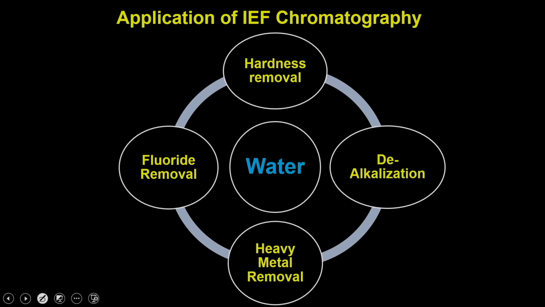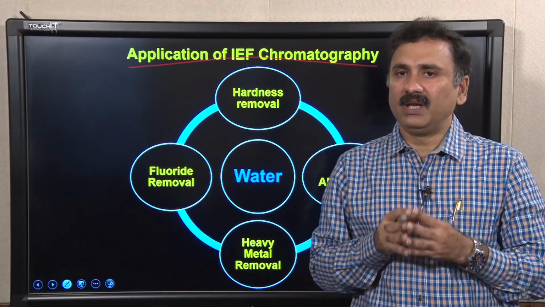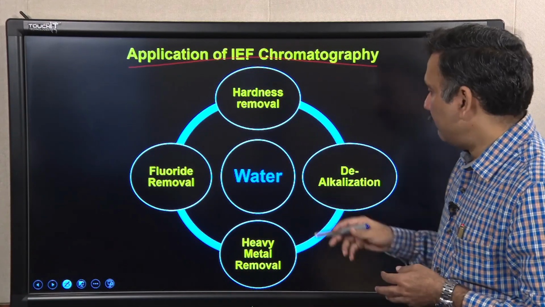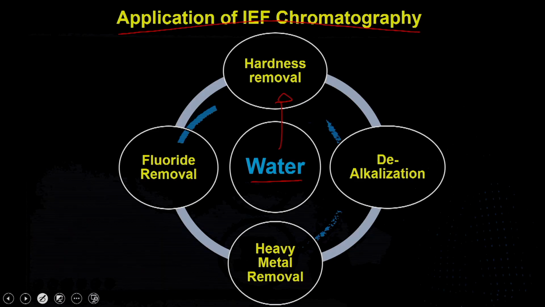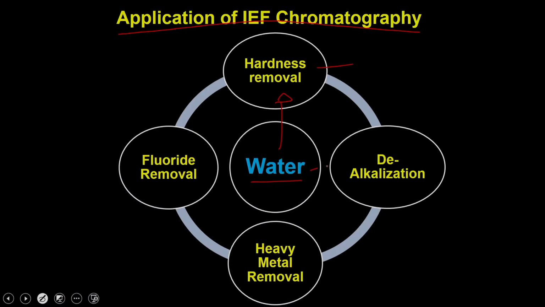Now, let us see the applications of ion exchange chromatography. One major application of ion exchange chromatography is that it can be used to purify water. Water has different types of impurities. For example, it has hardness, alkalinity, and different types of contamination, for example fluoride or heavy metals, and all these can be removed.